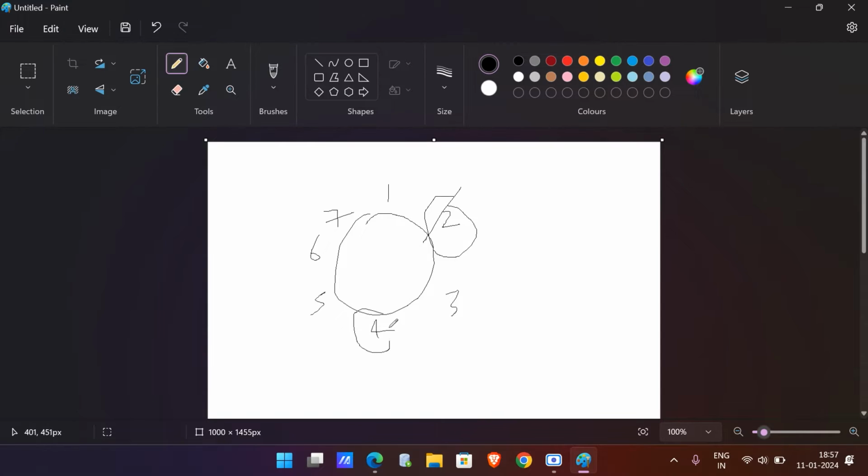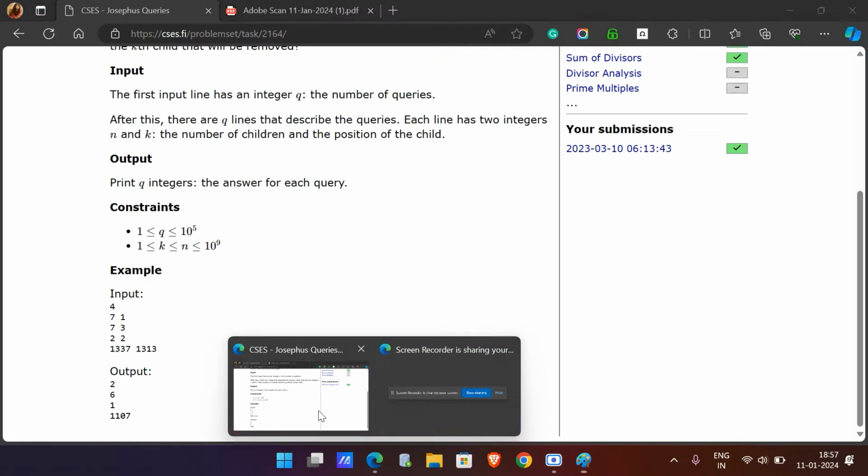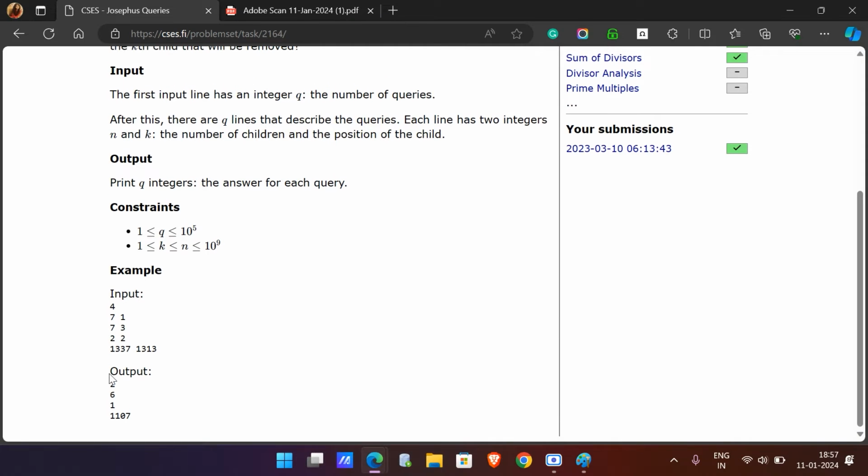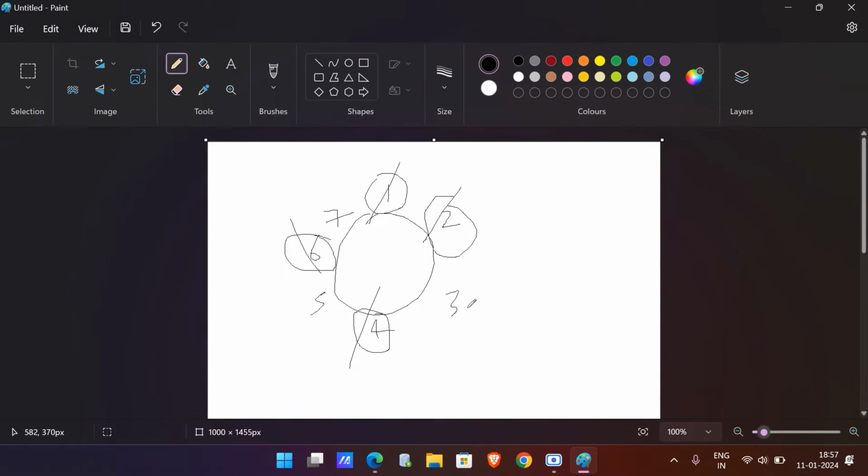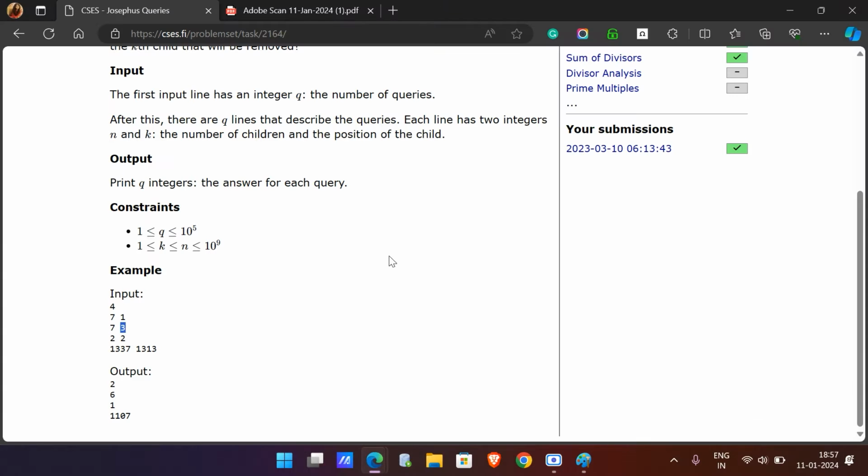Then again the second child is 4. Then 6 would be removed. Then 1 would be removed, and so on. So the first child removed is 2. Then who would be the third child? I painted it: the third child is 6. So I think the question is clear now.